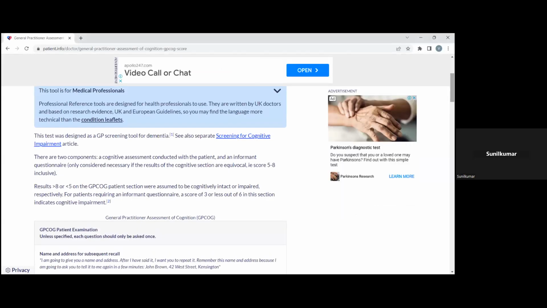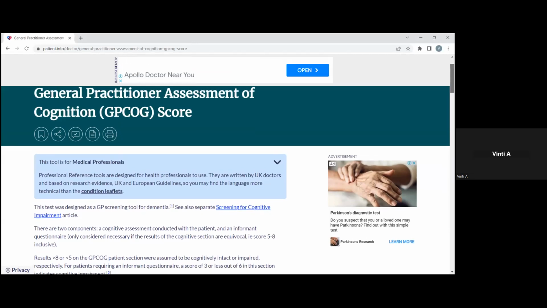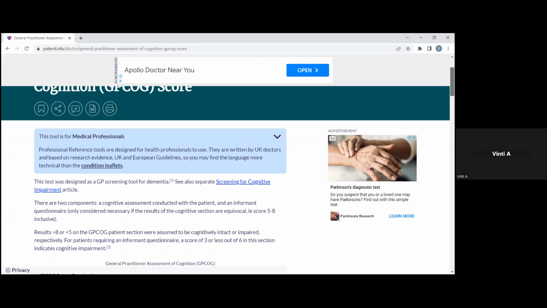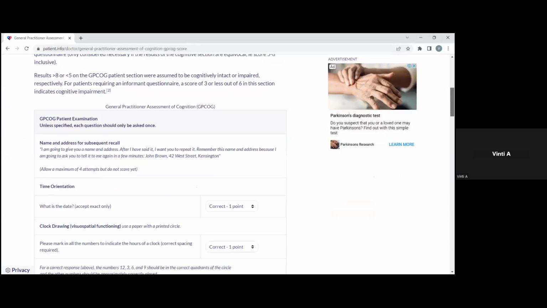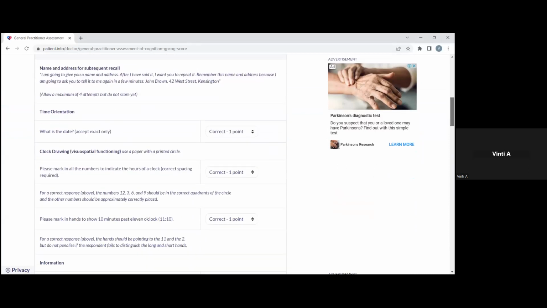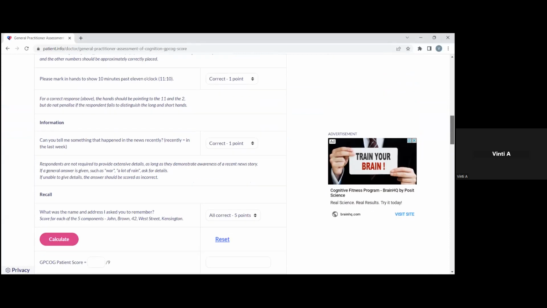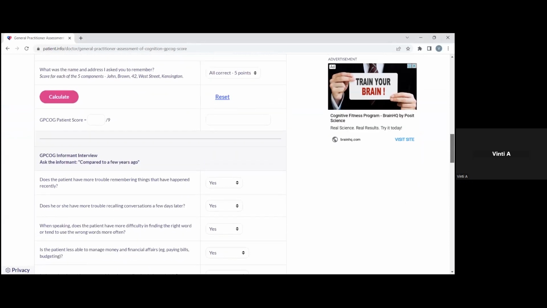Yes, ma'am. Okay, so this is the general practitioner assessment of cognition. It's designed as a GP screening tool for dementia. This was also mentioned in that paper in one of the references. It's a very quick assessment for dementia, and you can also ask the informant.